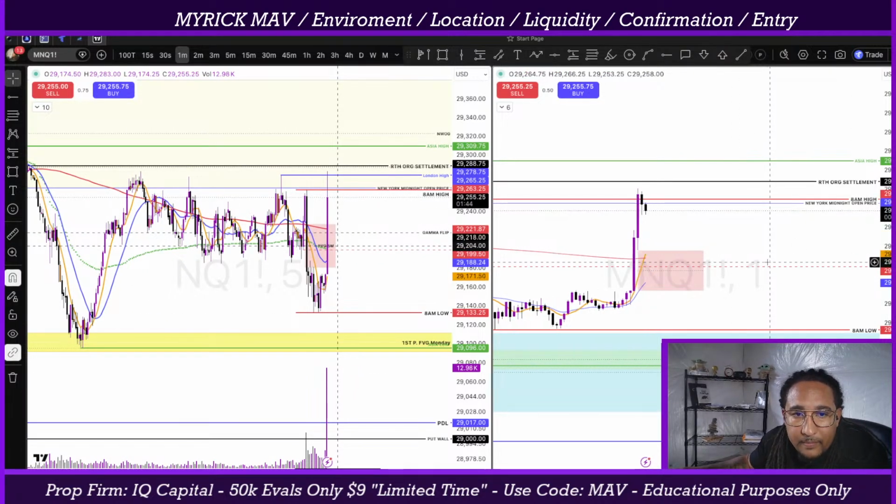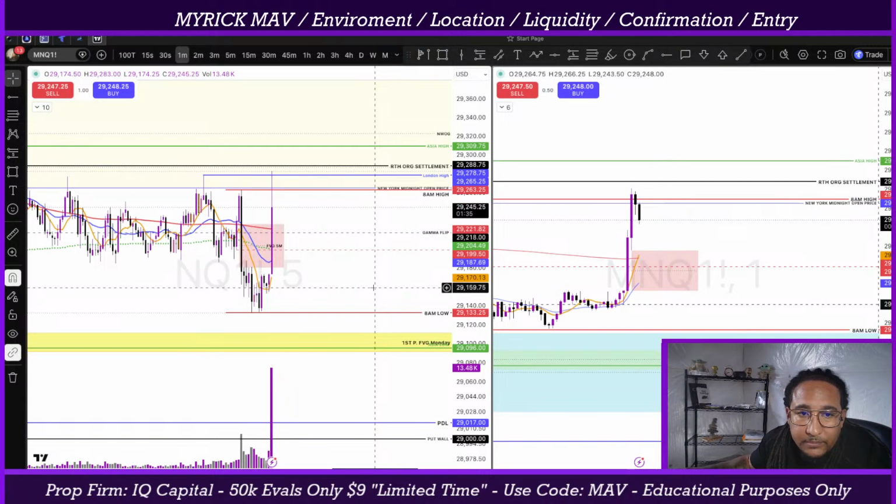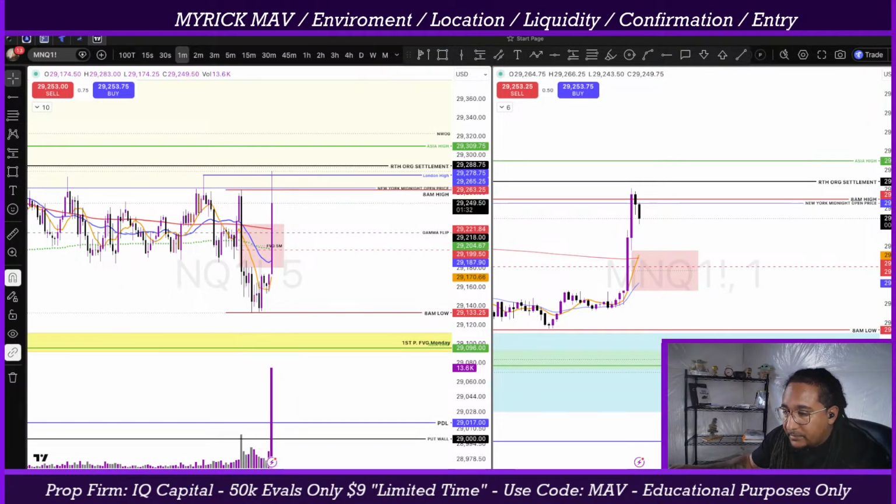Maybe looking at a small pullback. We're starting to pull back, but I'm trying to look for some type of inversion.